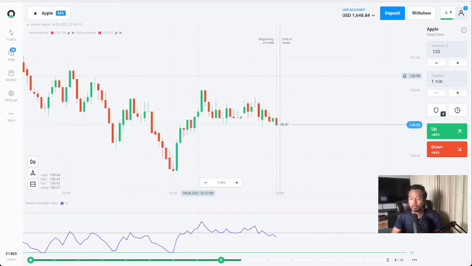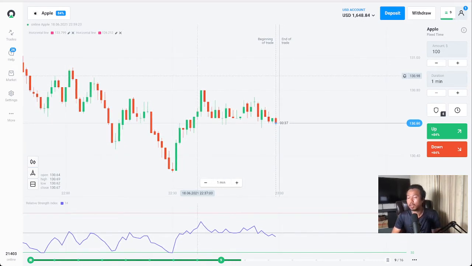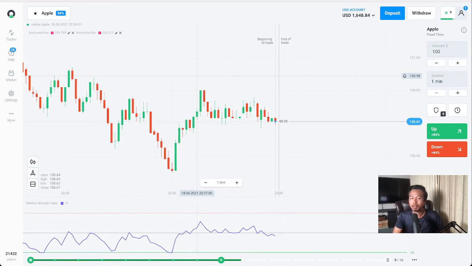So the first thing, every time that you are trading, I want you to trade following the trend. The trend is really important in trading. It doesn't matter if you are trading stock, options, or any other way that you are trading. Look at the trend, because the trend is really the king in trading.